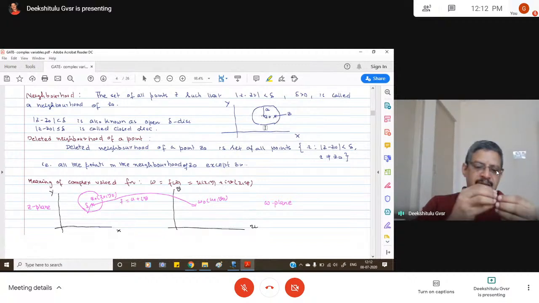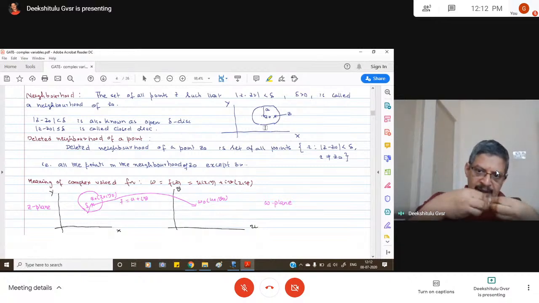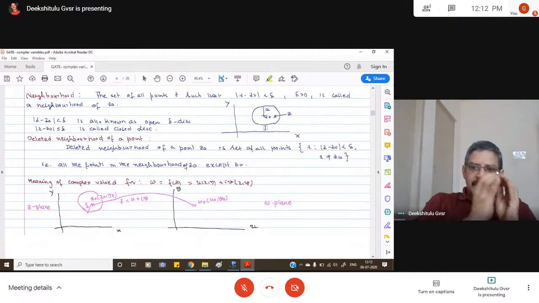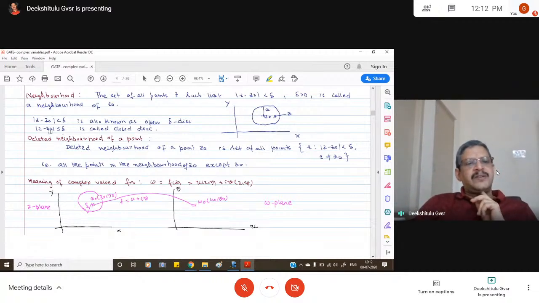That means if you consider all the neighboring points within the delta radius circle, that is called a neighborhood. So mod z minus z naught less than delta is also called a delta open disk, because delta is the radius and open disk means strictly less than delta. If it is less than or equal to, we call it a closed disk.